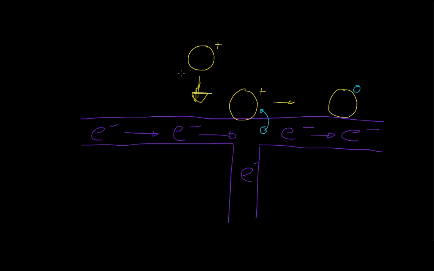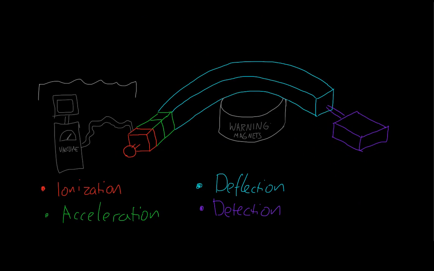So if we can change the intensity of those magnets, we will find that when the ion beams hit this wire at different times, we will get different charges that relate to the different strengths of the magnets that we used. So let me summarize.